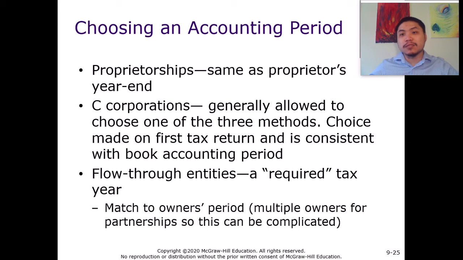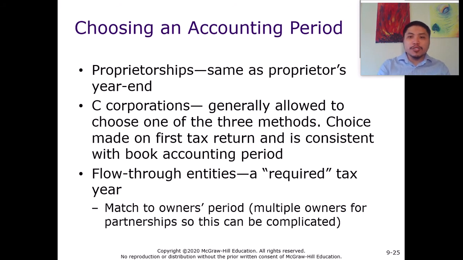Everything related to tax purposes has to go back to the business owners. That's why the accounting period has to follow the accounting period of the business owners. So for this type of business, usually the accounting period is going to end on December 31st, right?